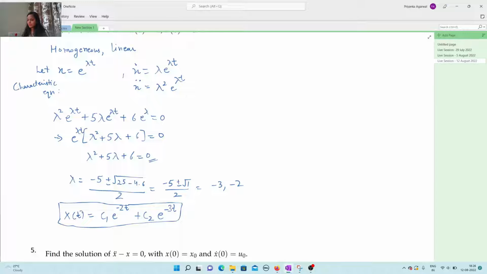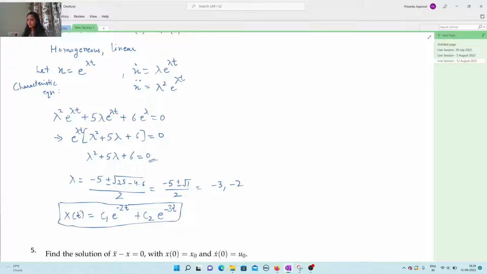So in this case the roots will be lambda equals plus 1 and minus 1. So the general solution can be written as x of t is c1 e to the power lambda 1 t plus c2 e to the power lambda 2 t.